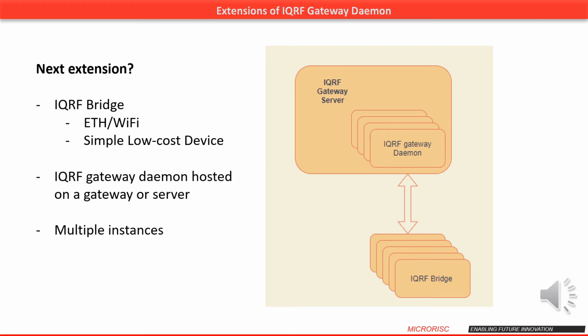More complex functionality remains concentrated in the Iqrf Daemon. The Iqrf Daemon can run on the Iqrf gateway or on another server completely independent of the location of the Iqrf bridge. This solution is particularly useful where multiple independent Iqrf networks are needed.